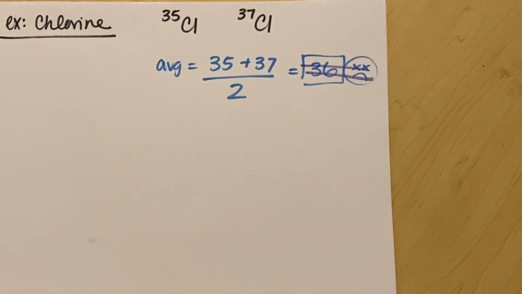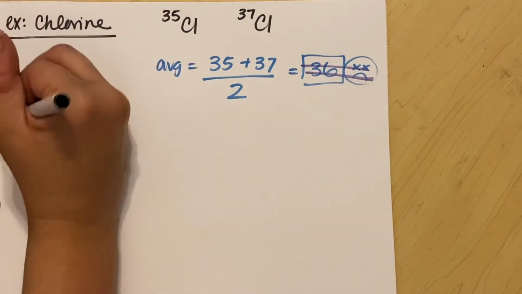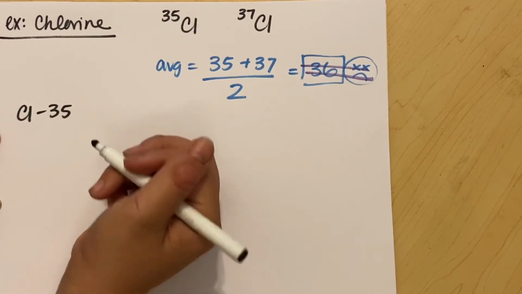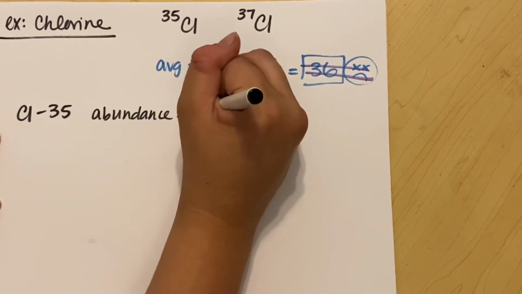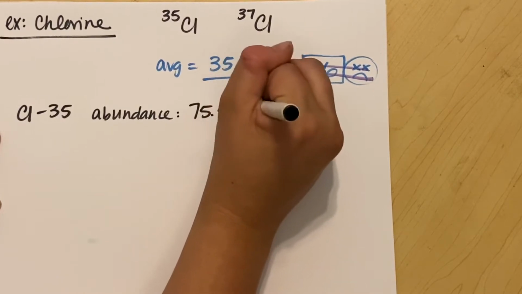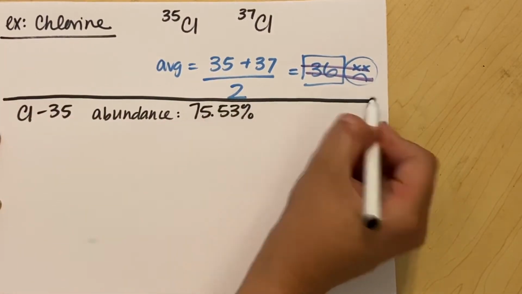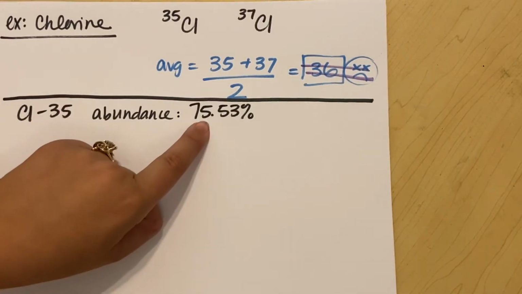And that's because it's not just a straight average. It is a weighted average. What does that mean? That means for chlorine 35, it has an abundance of 75.53%. So I find chlorine 35 75.53% of the time on the Earth.